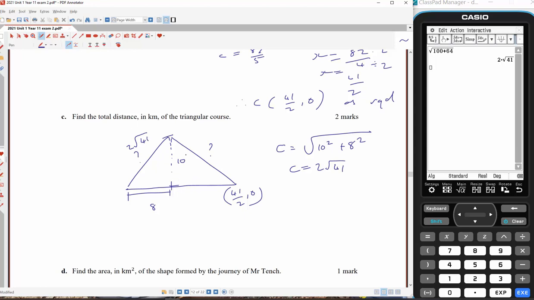Now, how are we going to get that? Well, to work out that hypotenuse, I'm going to go c equals square root of. So this length here is going to be 41 on 2 take away 8. So this is going to be 41 on 2 take 8 all squared, and this is going to be 10 squared.